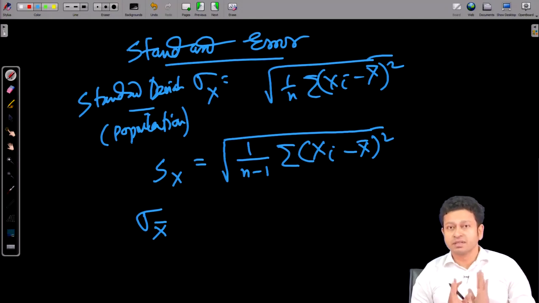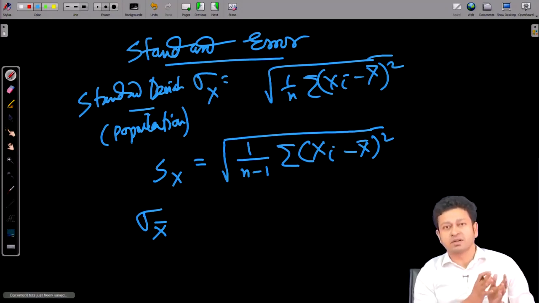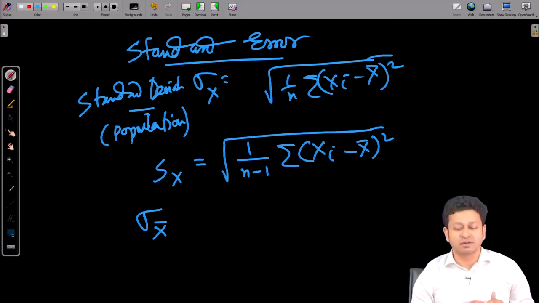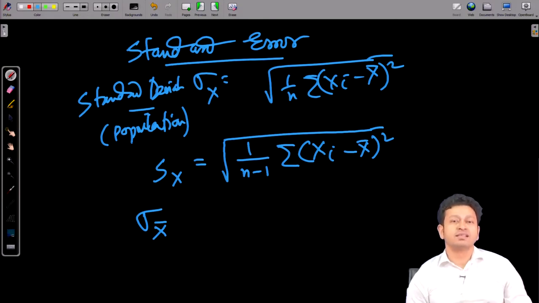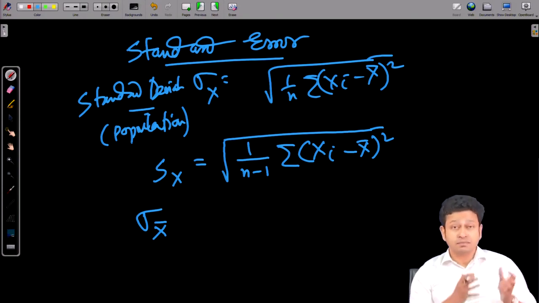But if you remember how we have progressed in developing this regression equation, or the minimization of the error term, we really haven't drawn samples time and again. So this is an approximation that we use.